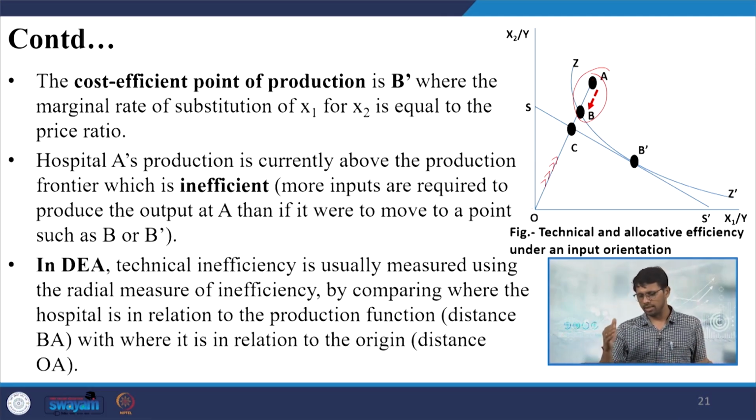Treatment actually lies with the Z and Z prime production possibility or the isoquant, where the output target is actually, if you remember our example, x1, x2 and y. So, y is actually required, B to A is inefficiently used, that has to be controlled.